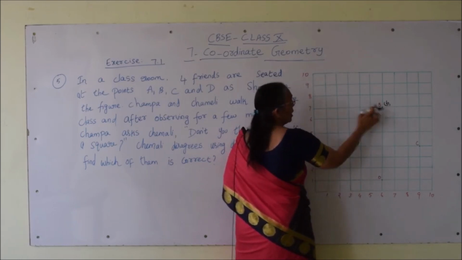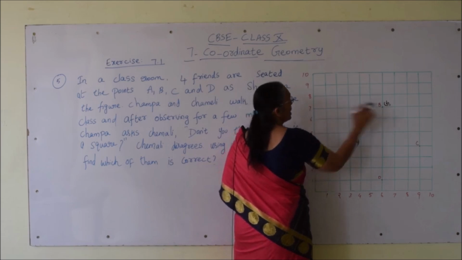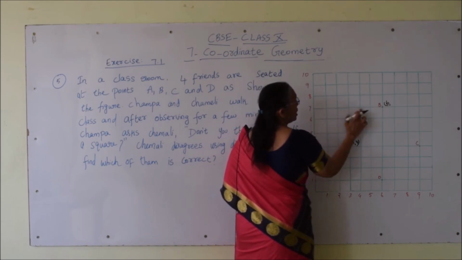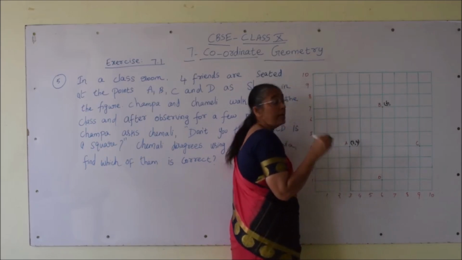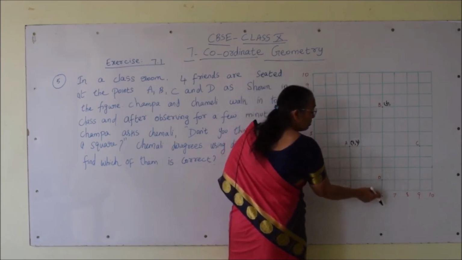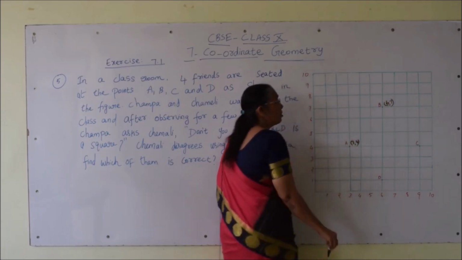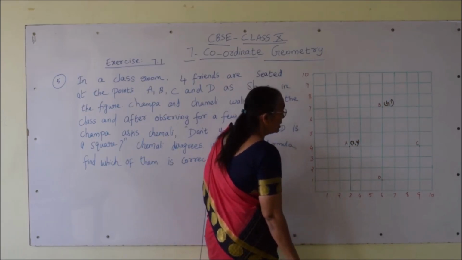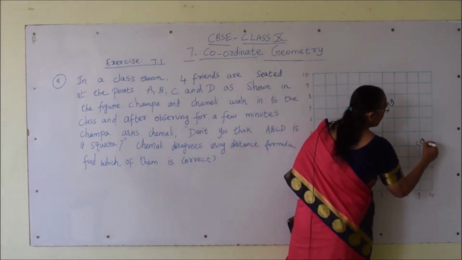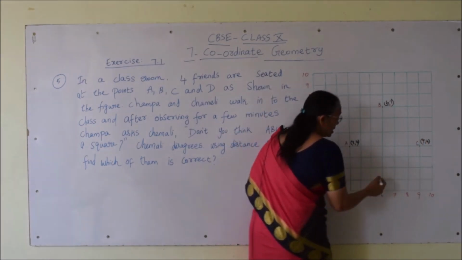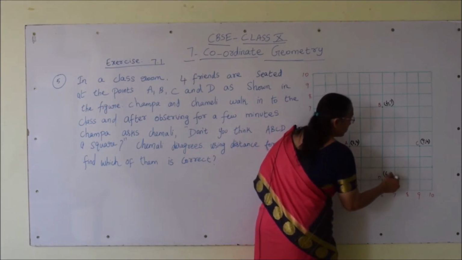The y coordinate is the distance of the point from the x axis, so that is 7. So, B coordinates are 6, 7 and C is nothing but 9, 4 and D point is 6, 1.